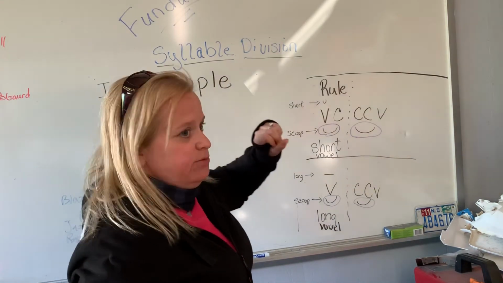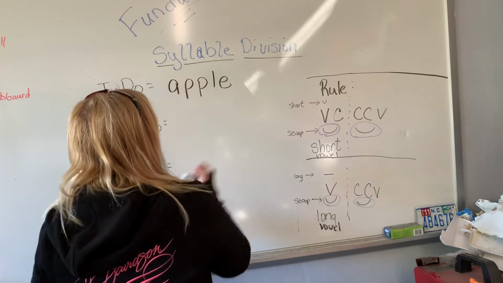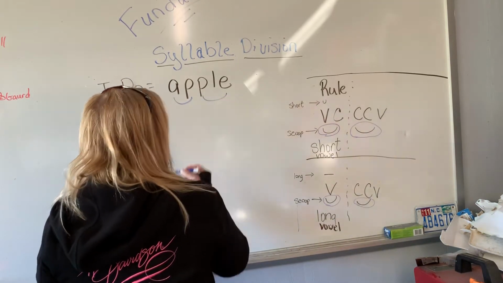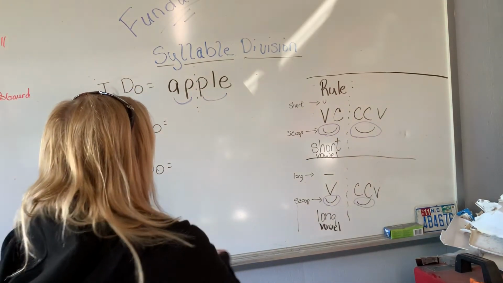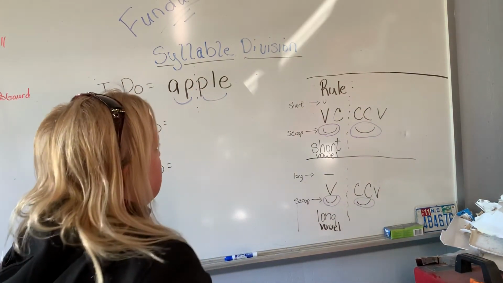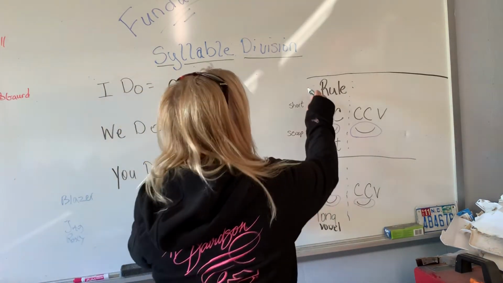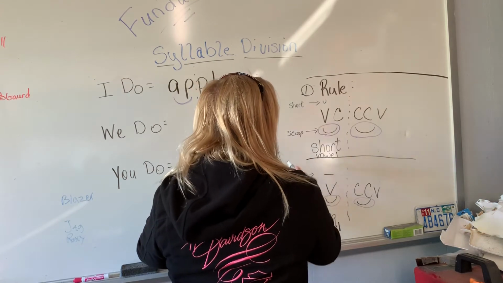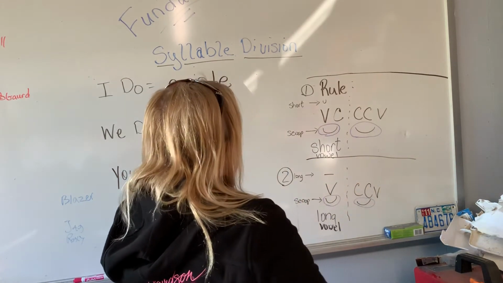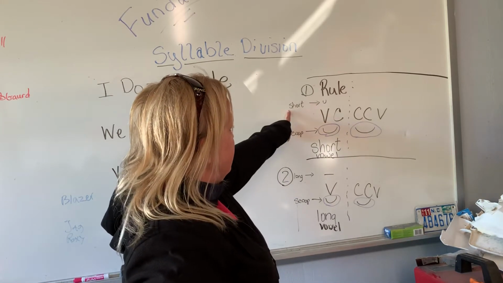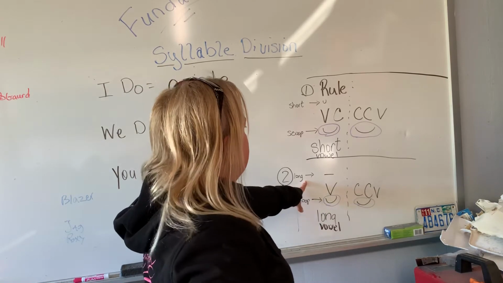Because we're in third grade, we're big kids, we no longer count out our syllables, so I need to scoop it out. Apple, okay? Draw my line, just like we do in class, okay? So I need to find out which rule it applies to. Does it apply to rule number 1, or does it apply to rule number 2? Okay? If it applies to number 1, it's going to make it a short. If it applies to rule number 2, it's going to make it long.